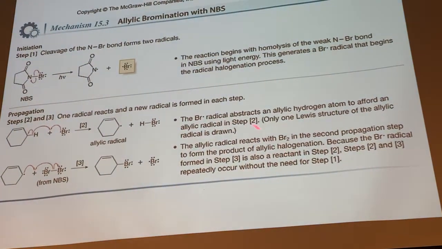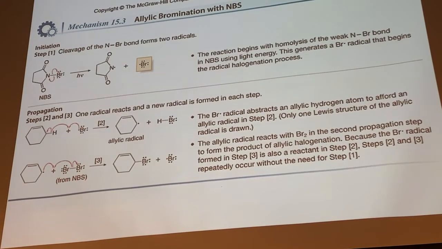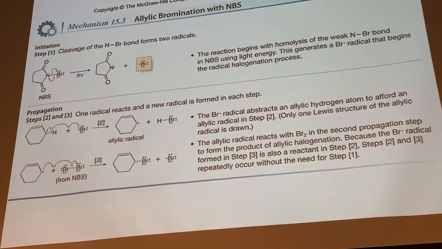And so that ensures that we'll continually have a low concentration of Br2, allowing the radical reaction to proceed as opposed to the polar reaction, okay? So that's the radical halogenation.